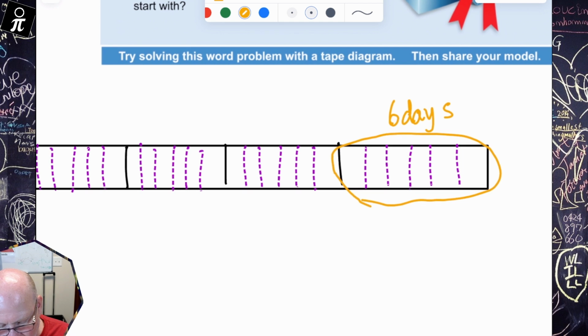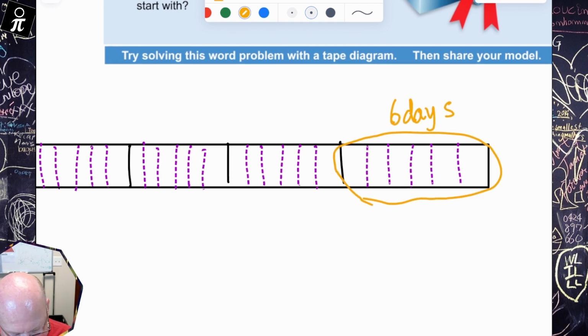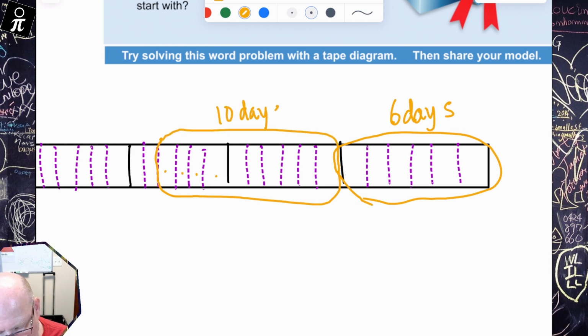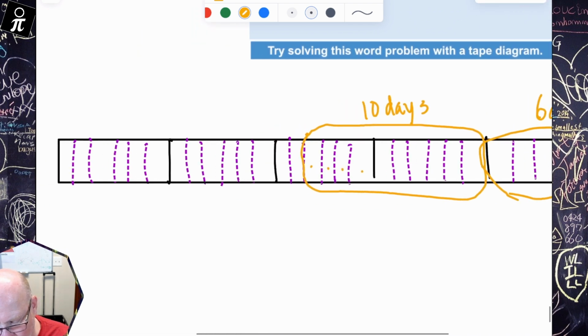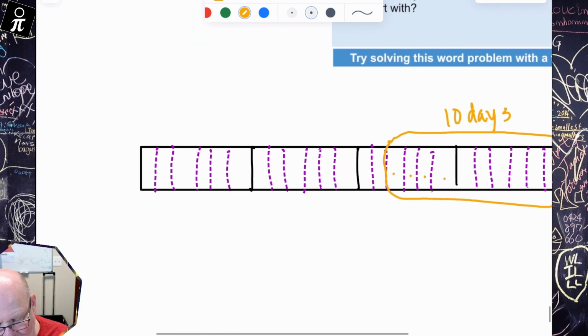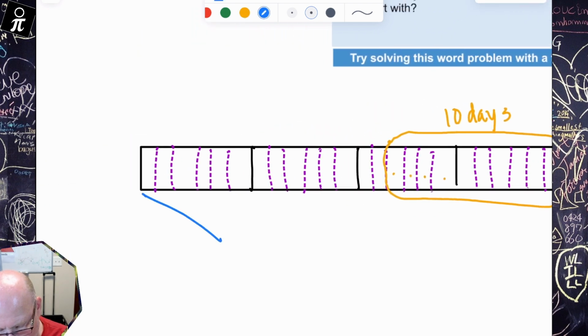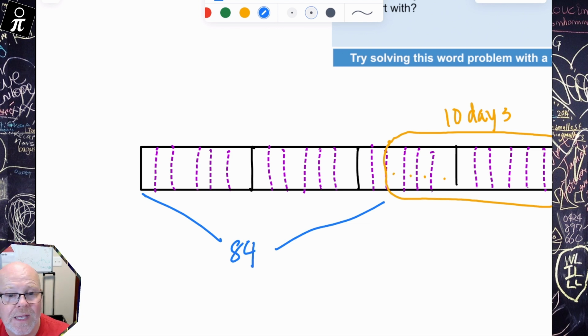So that means we just have to add up 6, 7, 8, 9, 10. So here is our 10 days. And it says after those 10 days, he has 84 chocolates left over. So right there is our 84 chocolates.